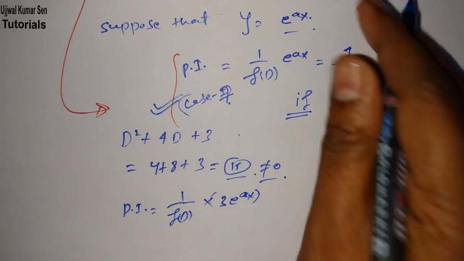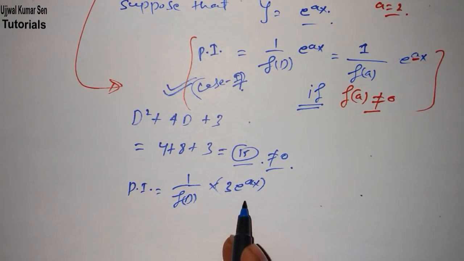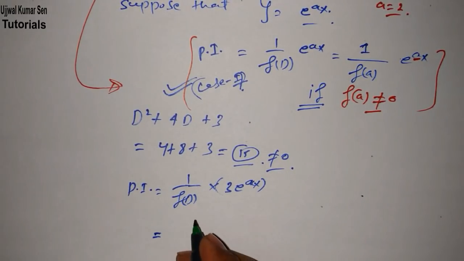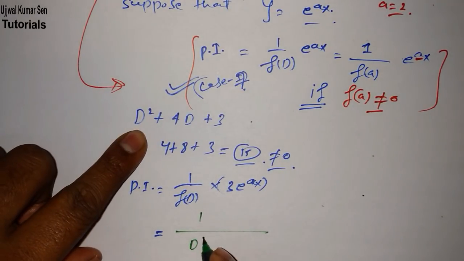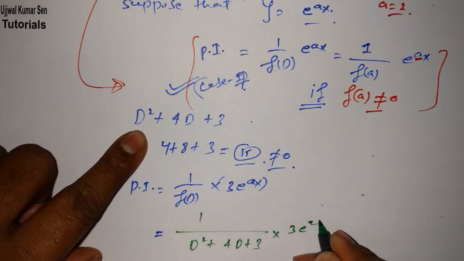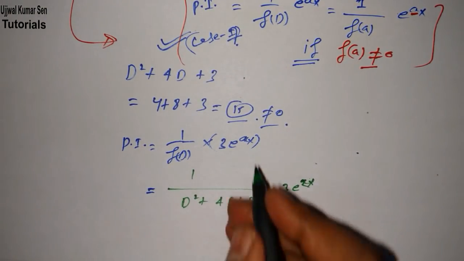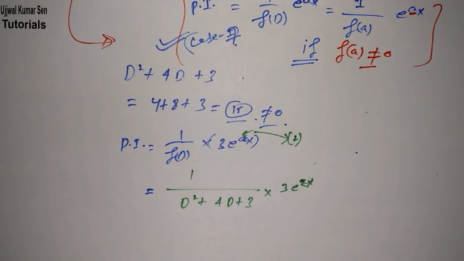Whatever value we have been given for a, we have to write that value here. Now what is f(D)? Basically that is 1 by (D square plus 4D plus 3) e to the power 2x. Okay, right? So in place of a we have to write 2, because in the question we have been given e to the power 2x. That's why I am writing this.